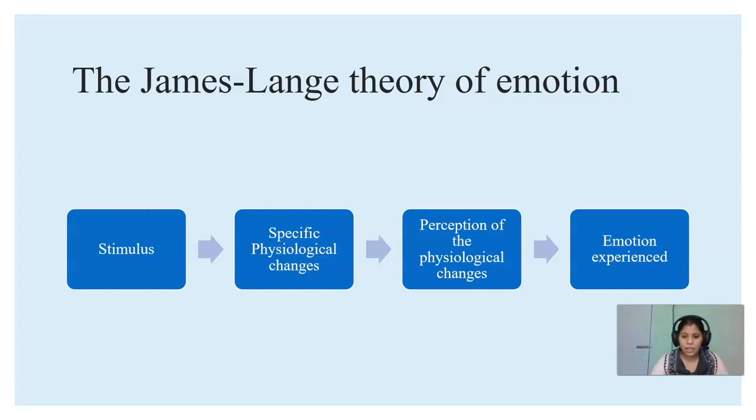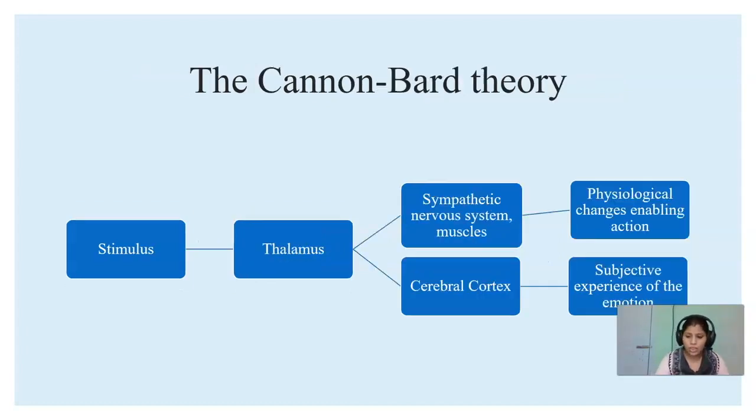I can feel trembling. So after all of these physiological changes, I will perceive them, and from this perception, I will know that I am experiencing the emotion of fear. So in this way, first we perceive the physiological changes and then we experience the emotion. This is the James-Lang theory.